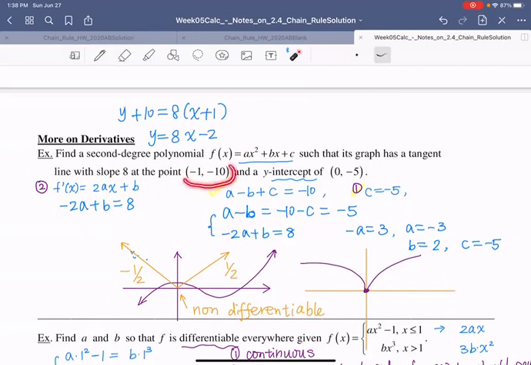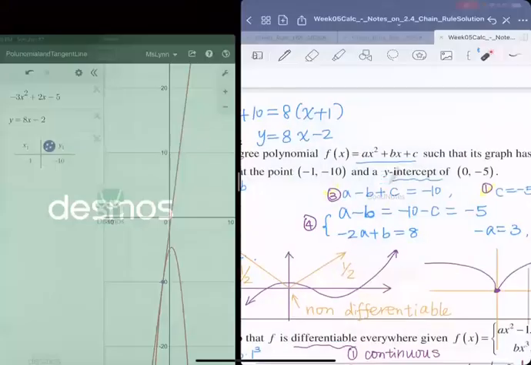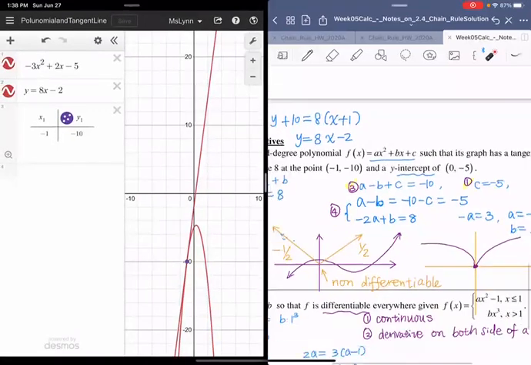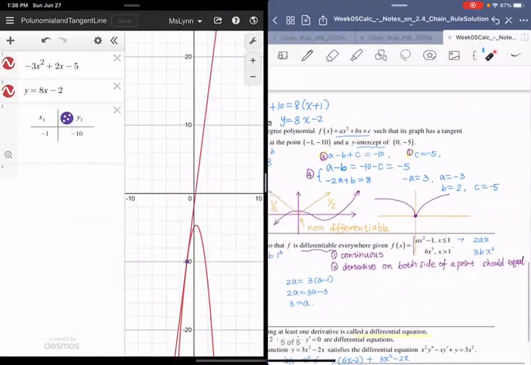Step 3, this point is on the curve. You are going to plug in the X value here and set it equal to this Y value. Step 4, you are going to solve your A and B in this system of linear equations, and then you get your ABC value. So what does this look like? After we solve, A equals -3, B is 2, C is -5.